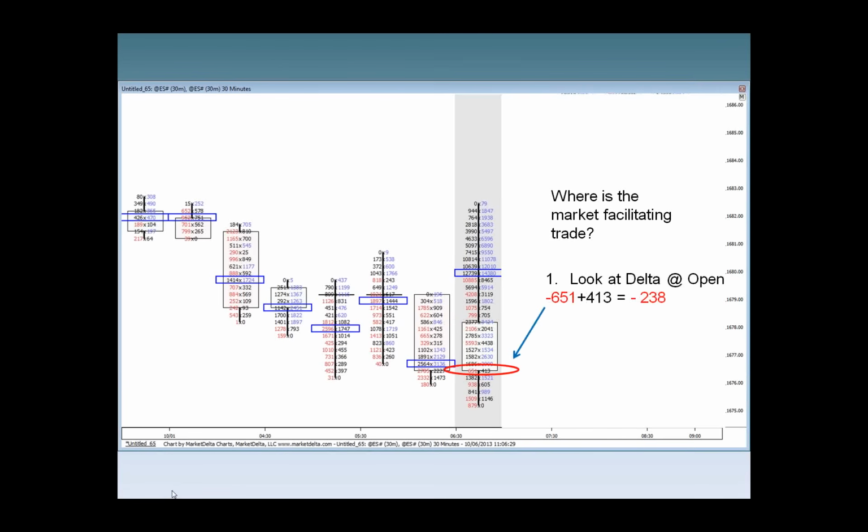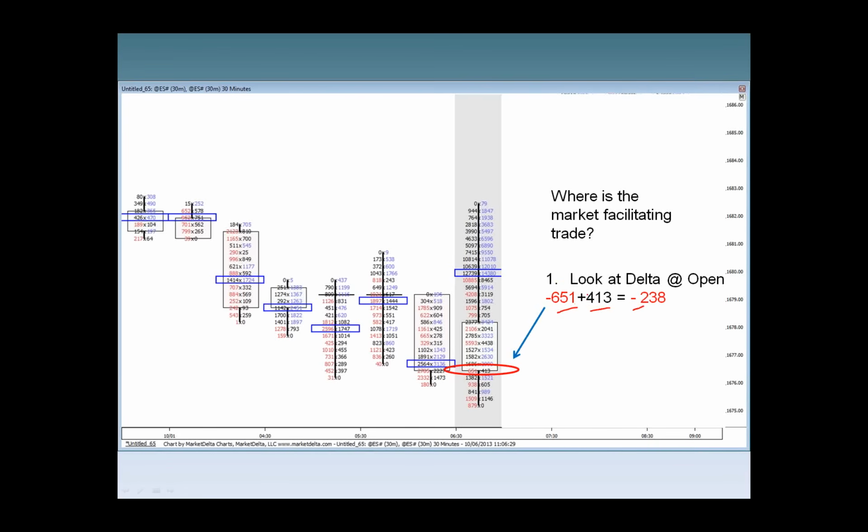Now, I'm going to add some additional elements to even reaffirm for you your hypothesis from the footprint. We are now going to look at the delta at the open, and the delta is simply a calculation. We look at the difference between the number of contracts that were traded at the bid relative to the number of contracts that were traded at the ask, and if in fact we had more contracts being traded at the bid than we did at the ask, we are going to have a negative delta.